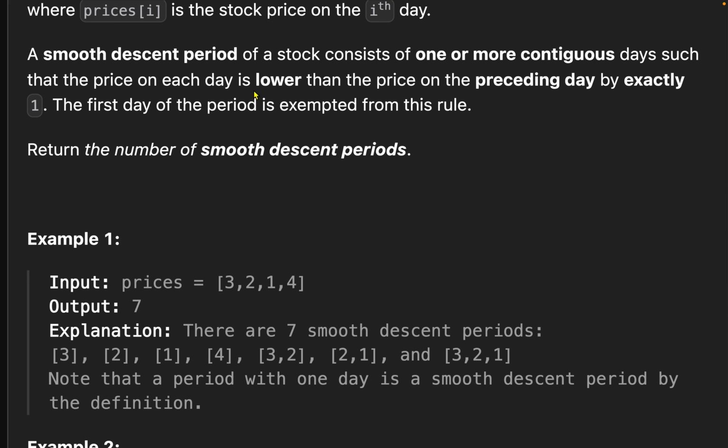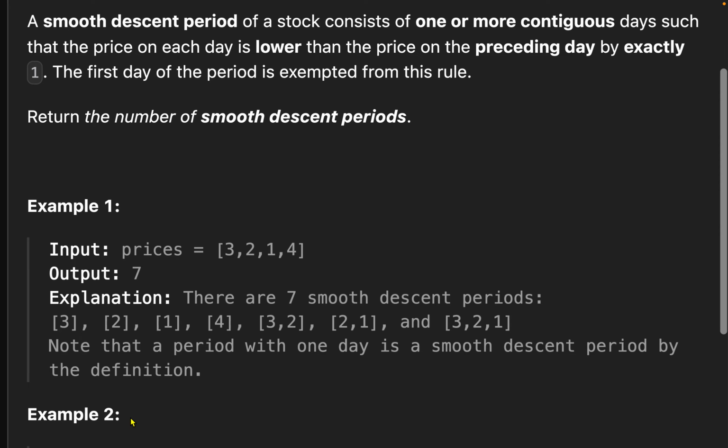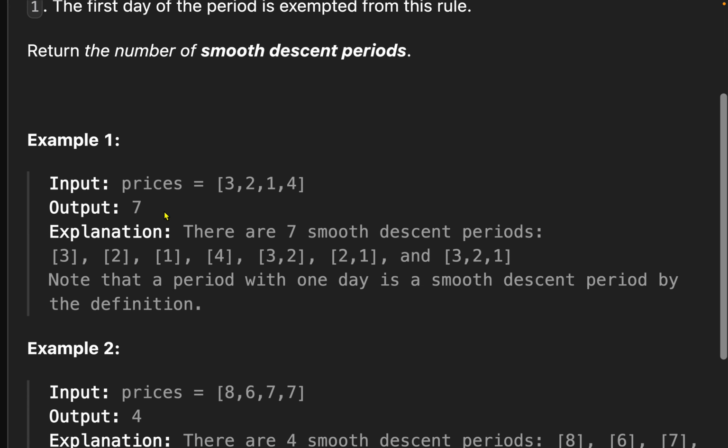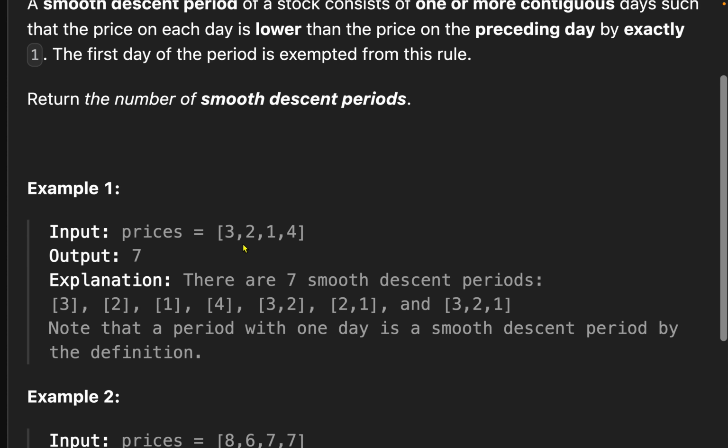So there are two conditions. The next coming price should be lower, and the next coming price should be lower by exactly one. Let's take this hypothesis, apply it on this example, and see where it goes. So we have this array.